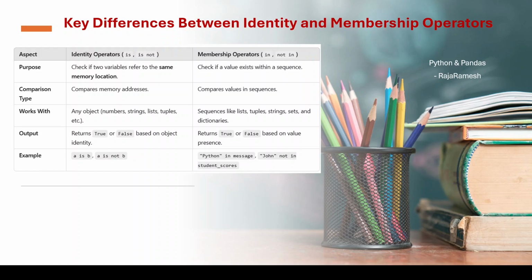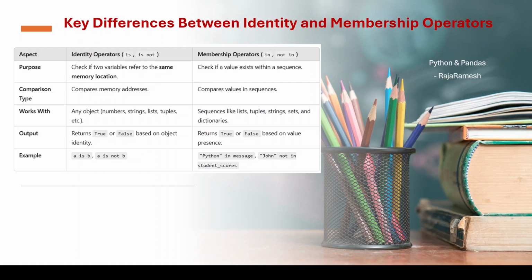As for comparison type, identity operators compare the memory locations or addresses. Instead, membership operators compare the values in the sequences and return True or False based on existence or non-existence. Identity operators work on any objects like numbers, strings, lists, tuples, etc.